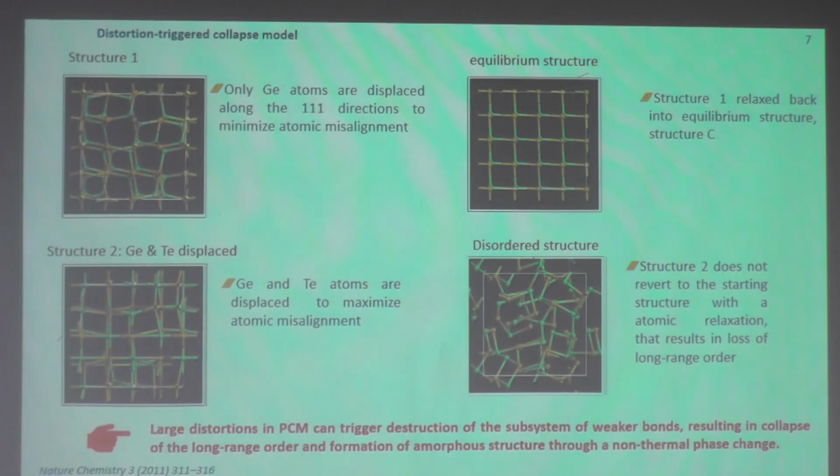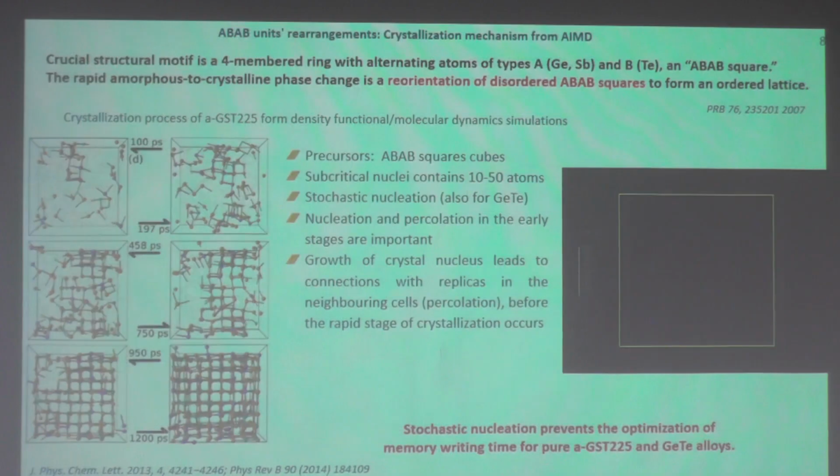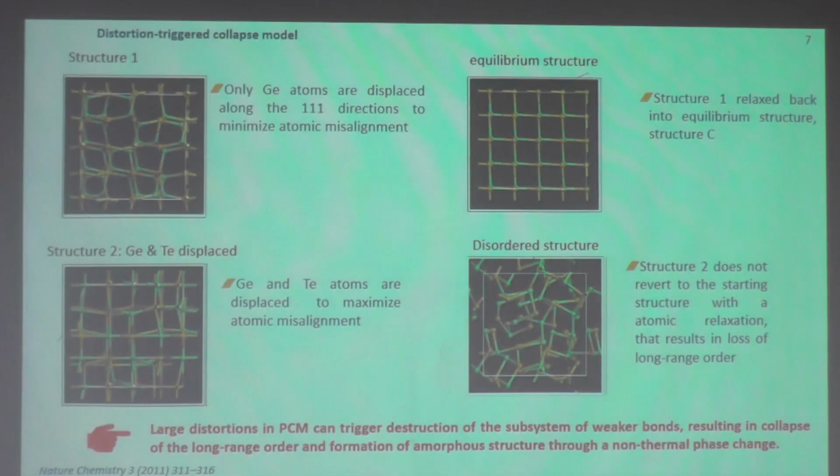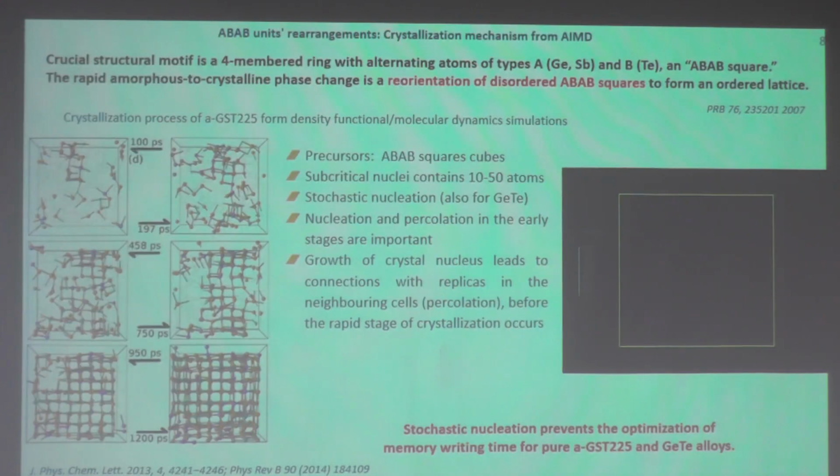So now the next model is based on AB unit rearrangements. Again, as I said, we already know that the amorphous phase consists of A, B, and B rings. A is germanium or antimony, and B is tellurium. They make so-called AB squares in the material.